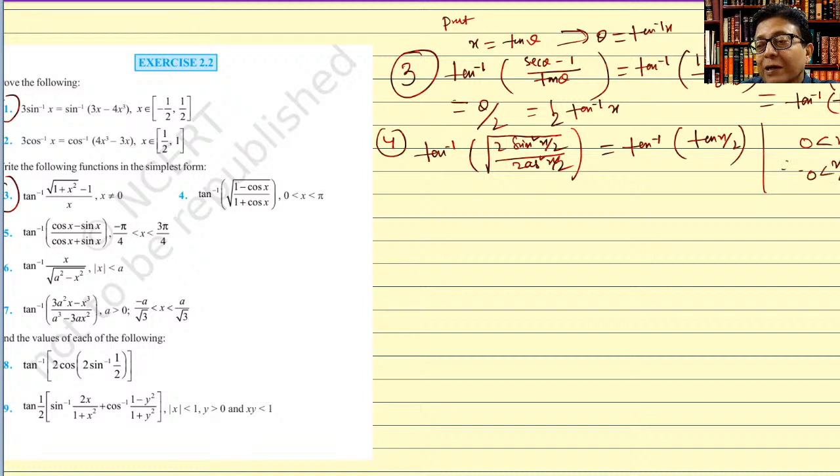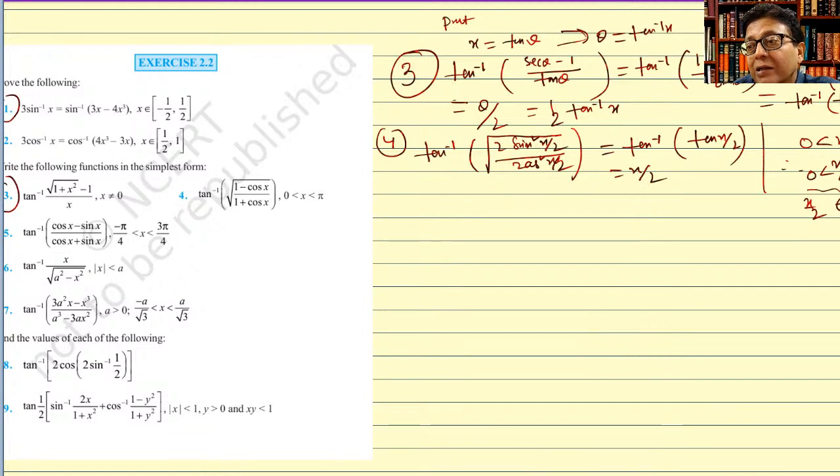So x by 2 is greater than 0, less than pi by 2. So you can easily write this thing as x by 2. Done. For a descriptive paper, you need to show that x by 2 belongs to the principal value branch of tan inverse. Got it? If you don't verify, then you lose something. You know what to lose.